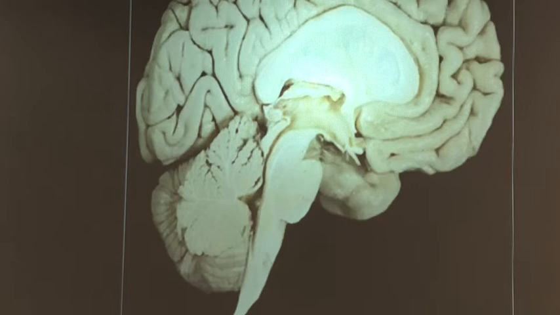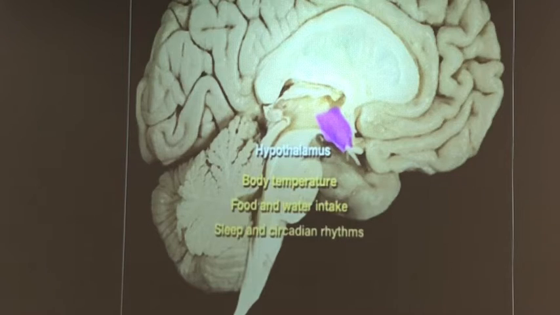Ventral to the thalamus is an area called the hypothalamus. It has a primary role in homeostasis, including regulation of body temperature, food and water intake, sleep and circadian rhythms, emotional responses, and memory. All right. Get the functions of the hypothalamus.